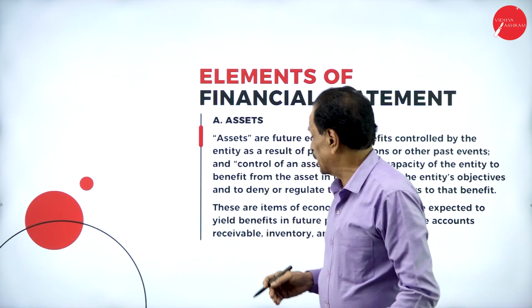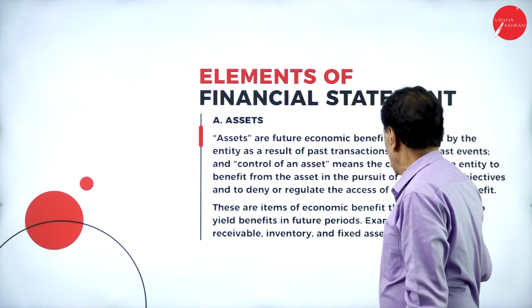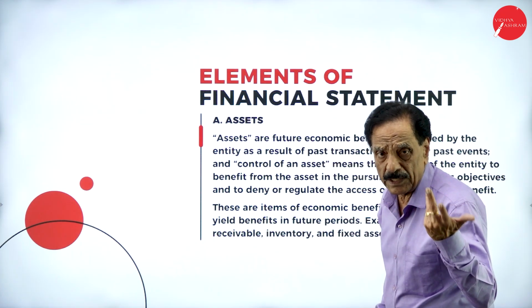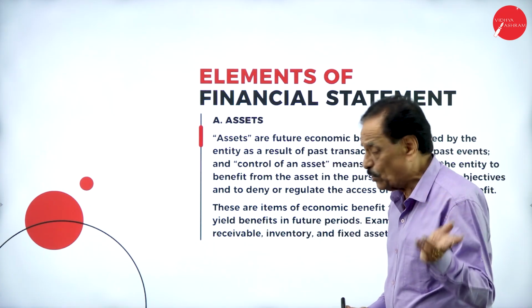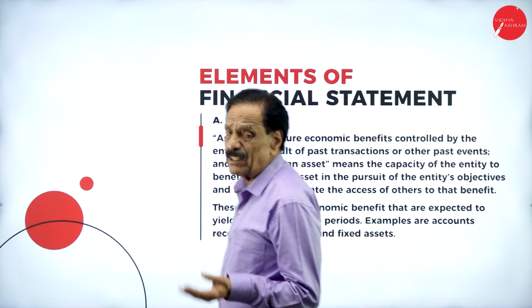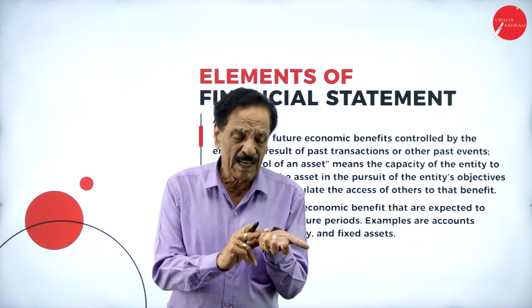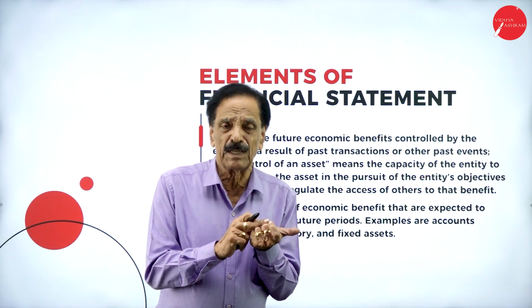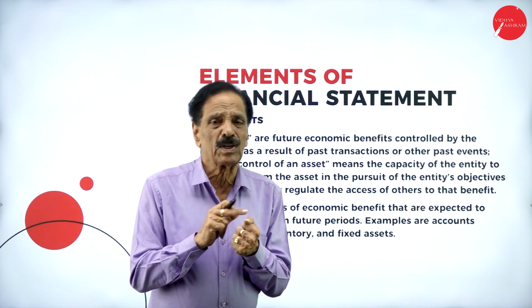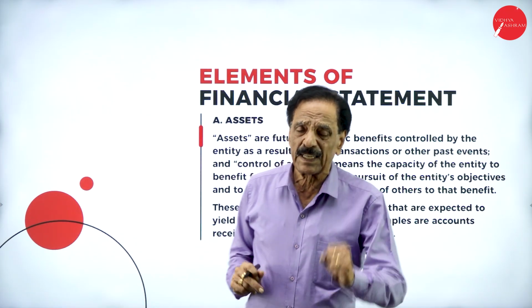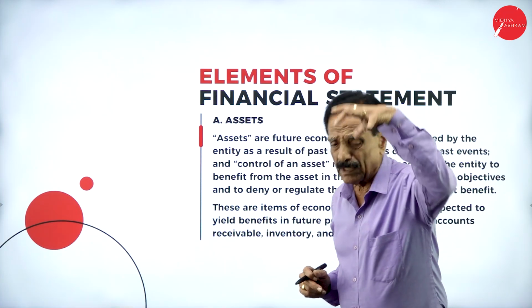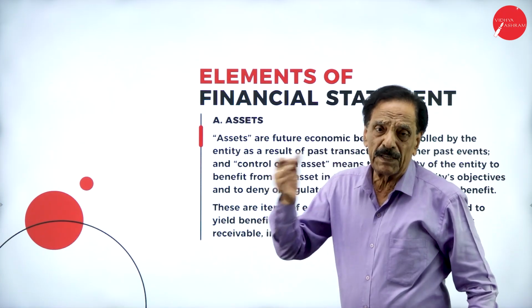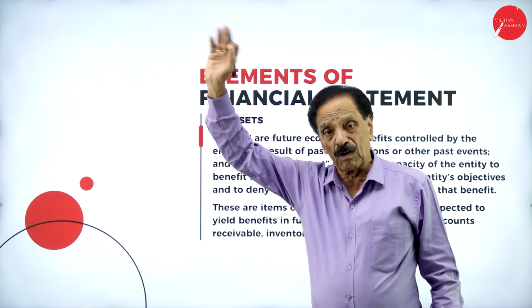We can put money into accounts receivable, that's called bills receivable. Inventory means stock, and then all fixed assets. The fixed assets are land, building, machinery, furniture, motor car. When the amount has been put into these assets, whatever yield we get is going to be for a long term.